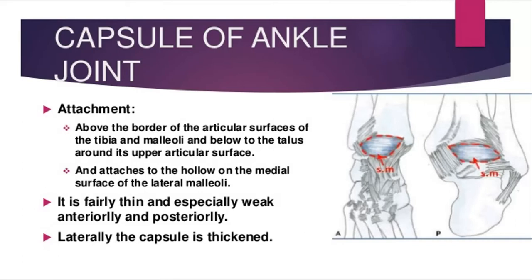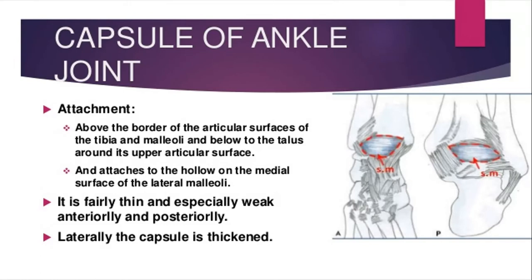Obviously it's very simple, as we see in the others, it will be on the articular surfaces, the articular margins of the tibia and malleoli, but if we see laterally, the hollow on the medial side of the lateral malleolus is also an attachment of the capsule, and below it is over the trochlea, the articular surface of the talus.